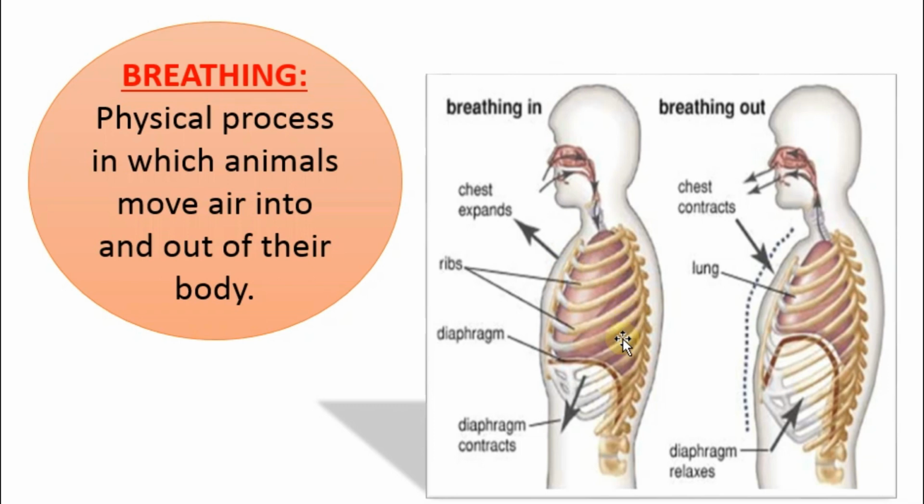The carbon dioxide produced in the cells or tissues comes back to the lungs and is breathed out. This process is called breathe in, or inspiration, and the other is breathe out, which we also call expiration.